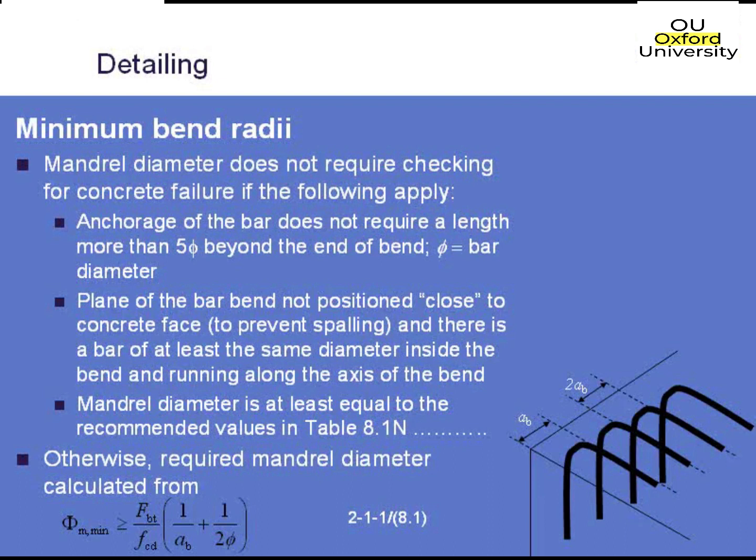If you can't comply with one of those requirements, you can calculate the required mandrel diameter from the equation given down at the bottom there, which is dependent on the bar diameter, phi; FBT, which is the tensile force from the ultimate loads within the bar itself; AB, which is half the center-to-center distance between the bars; and finally FCD, which is the concrete design compressive strength.